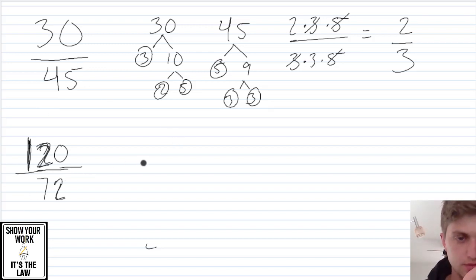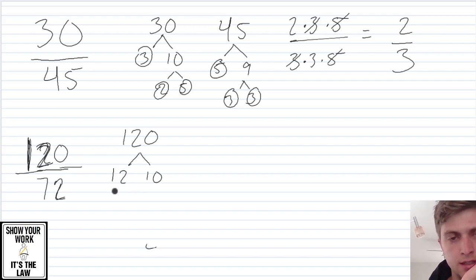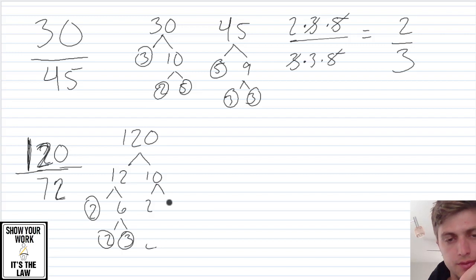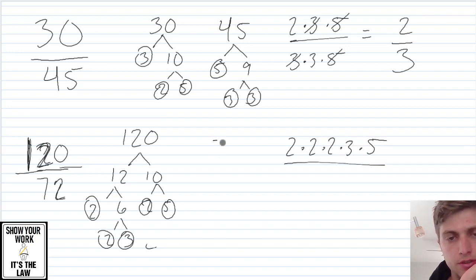All right, let's do 120 over 72. This one is going to be a little bit bigger, I believe. 12 times 10. 12 we just did in the lesson below. I'll do the long way. Always do it the long way so it prevents mistakes. 120 is going to be 2 times 2 times 2 times 3 times 5, and then 72.